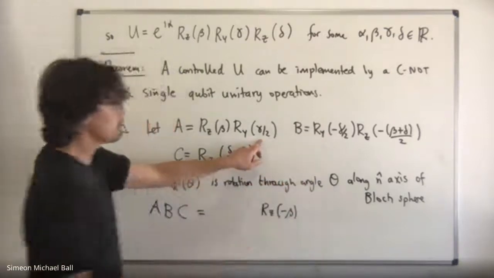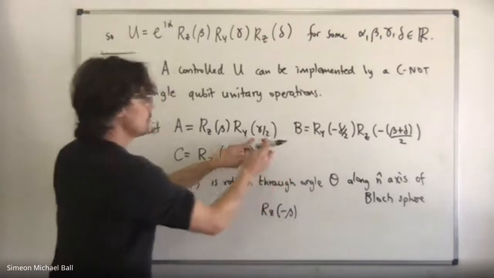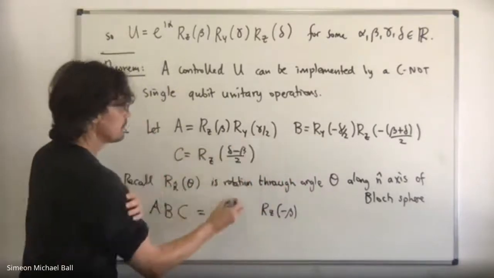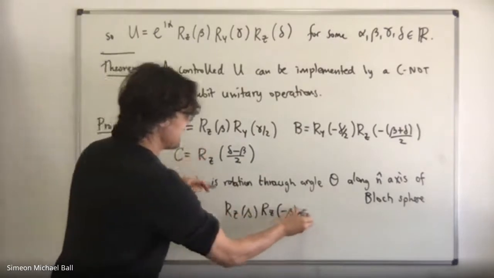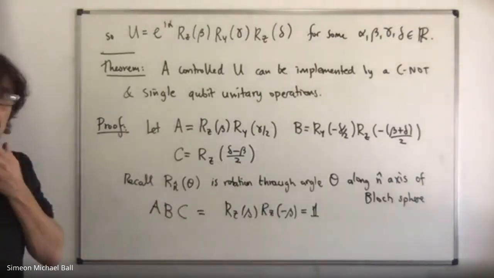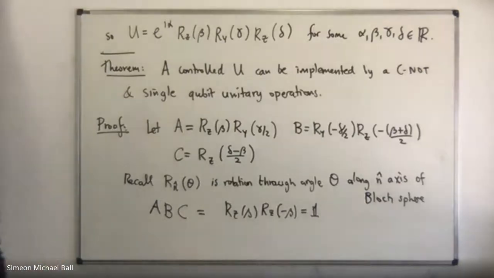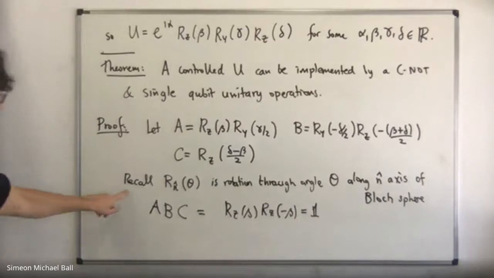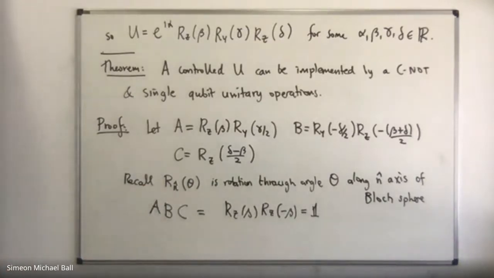Here, when I multiply the A and B, I'm rotating around the y-axis by minus gamma divided by 2 and plus gamma divided by 2. So that cancels each other out, and here I get rotation around the z-axis by an angle beta. So when I multiply all these things together, I get the identity. Just using the fact that we proved in the exercises in the introduction that this R can be interpreted as rotation on the Bloch sphere.